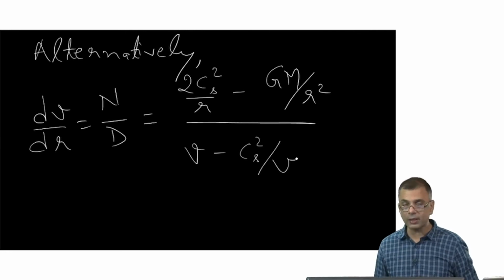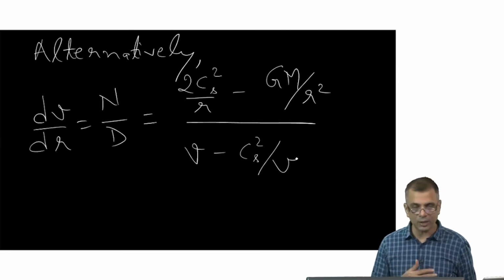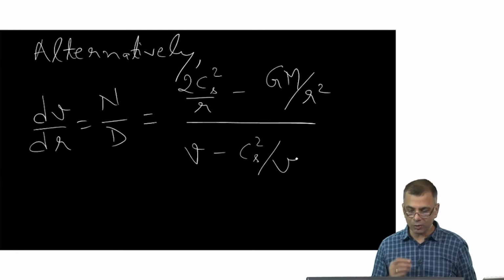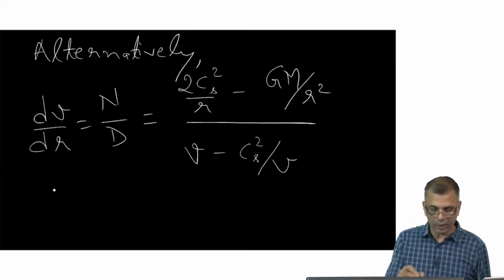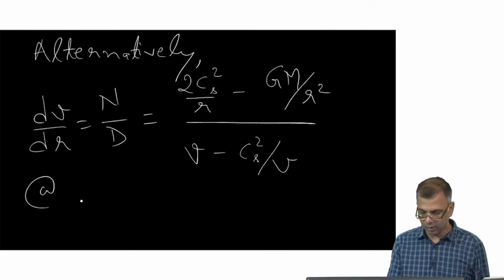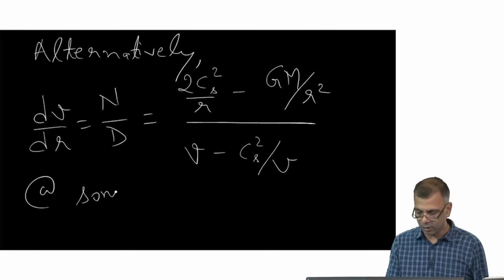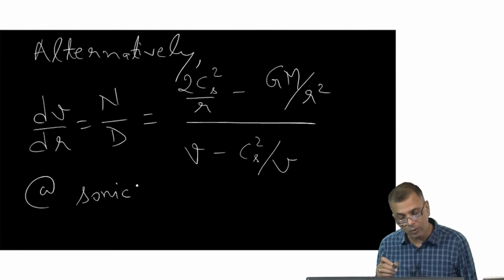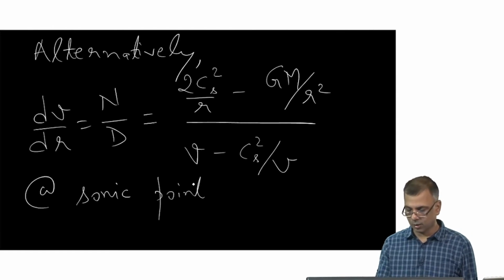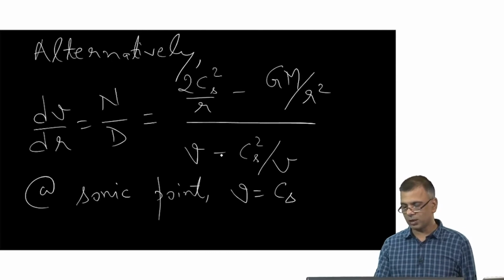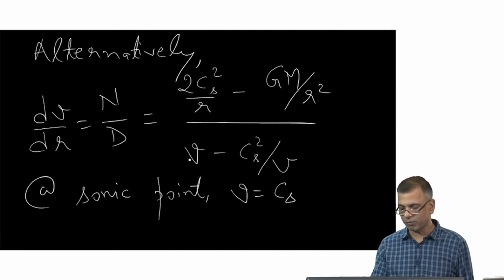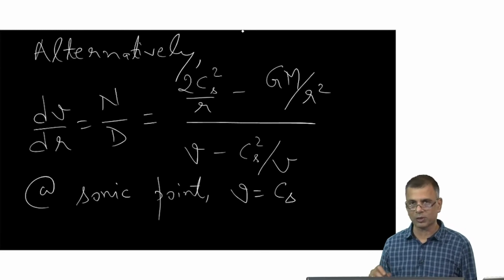But the main thing is, either way the transition happens, they pass through the sonic point. Okay. So, at the sonic point, in other words, they pass through Mach number equal to 1. So this equation has a V squared minus Cs squared, and the V goes upstairs.